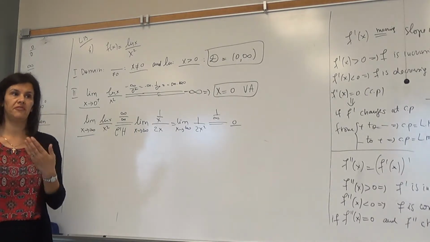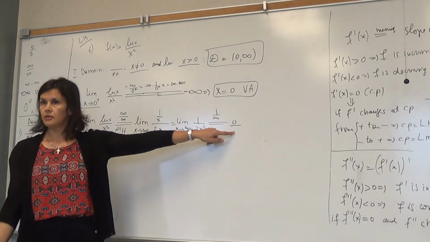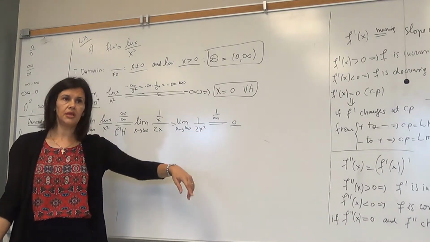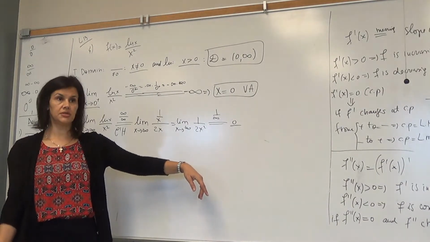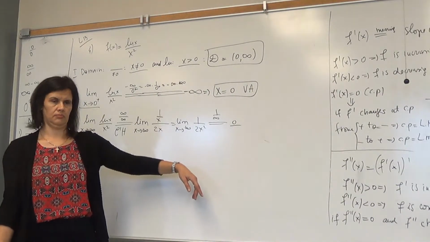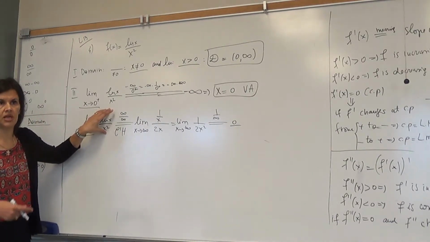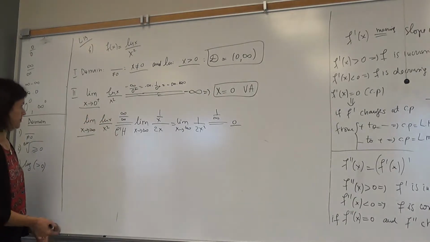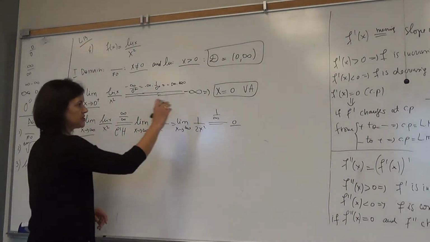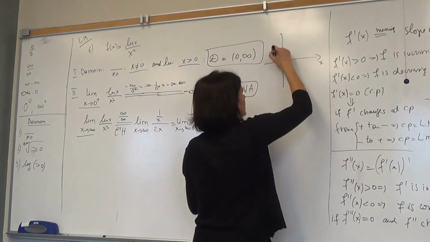I said you locate the finite number 0. So who is 0, x or y? When you read the limit on a graph, is the limit x or y? This is f of x, so the limit of a function is the y value. So f of x is y. Y equals 0.